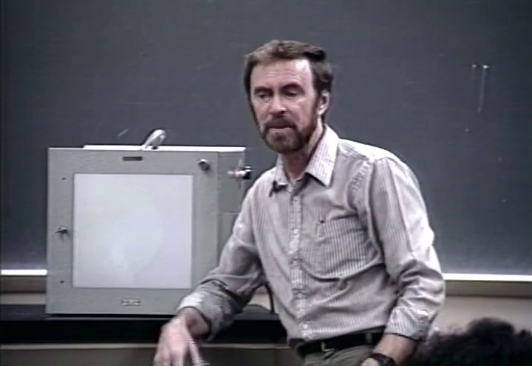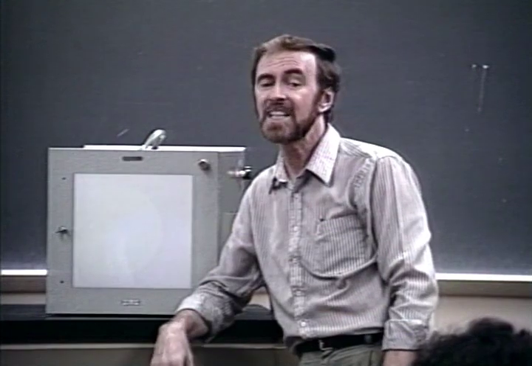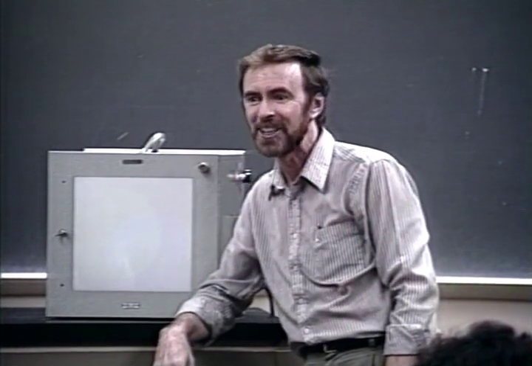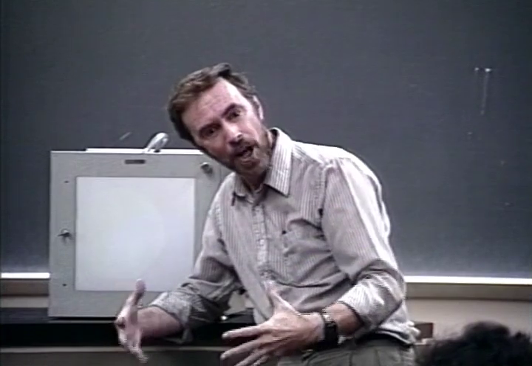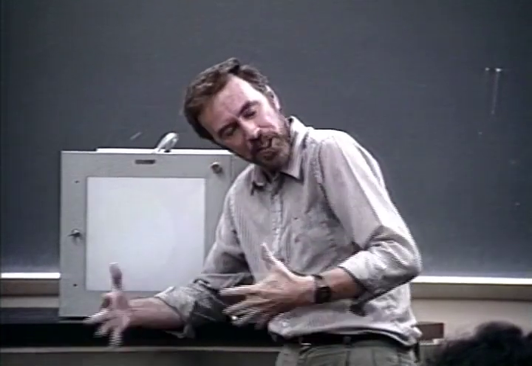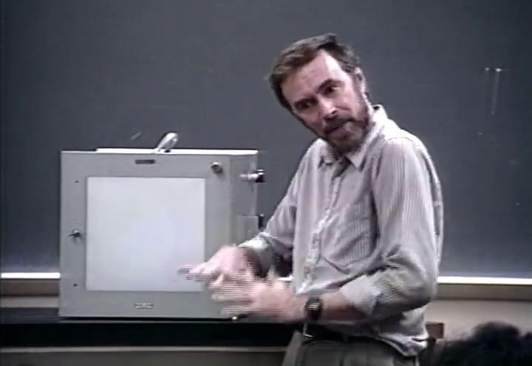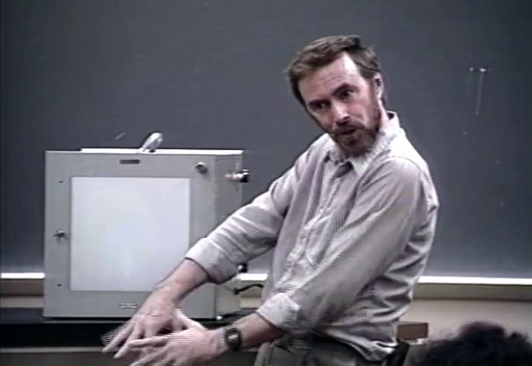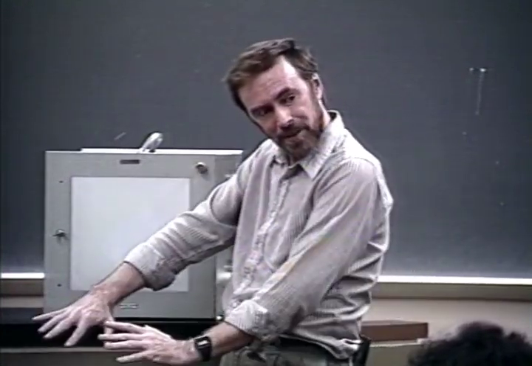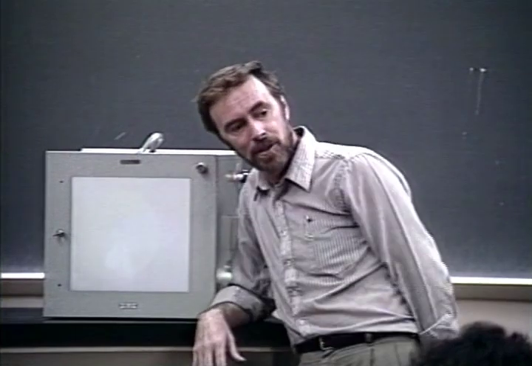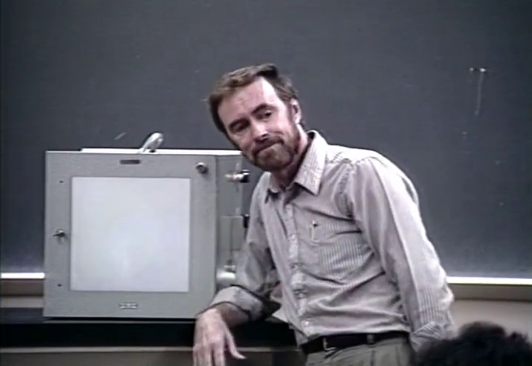Let me give you a hint then. Begins with R, ends with D. Red. Good. It turns out the red gets absorbed. When the red gets absorbed, is that the stuff that reflects to your eye? No, it's been absorbed. You can't absorb and reflect. You take your pick. So if the red gets absorbed, what does the white light become?